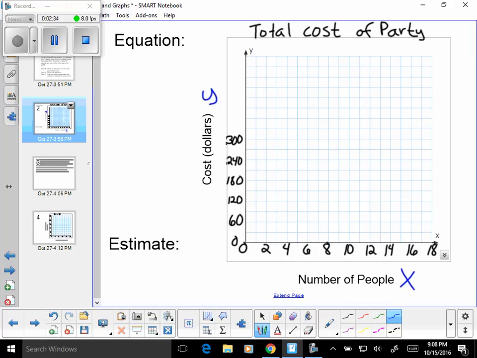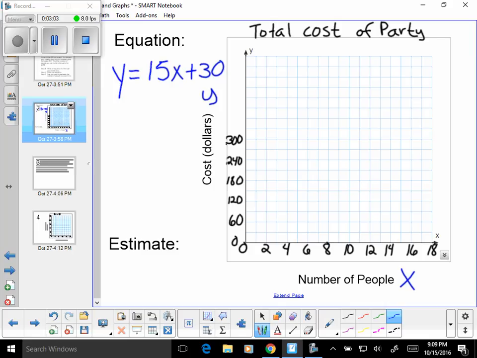That's Y. Now our equation is actually going to be that the cost equals $15 per person. Now remember, our number of people are on the x-axis, plus that cake that your parents are going to provide for dessert. So there is our equation.